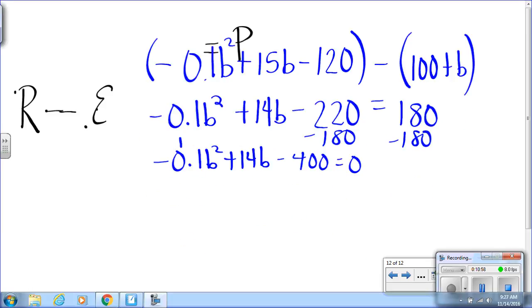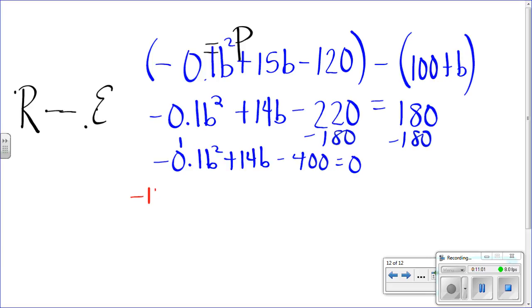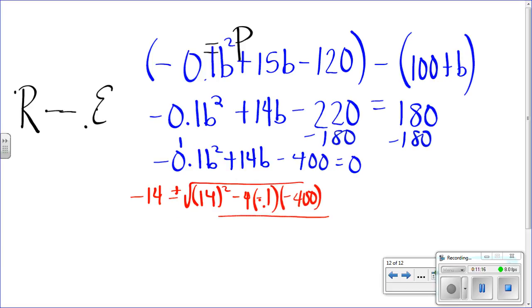Negative b plus or minus the square root of b squared minus 4 times a times c, all over 2 times a. Alright, what's your discriminant? 36.